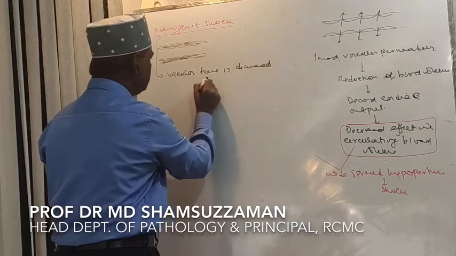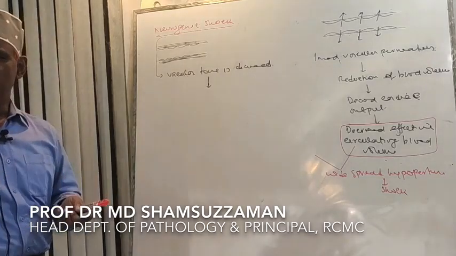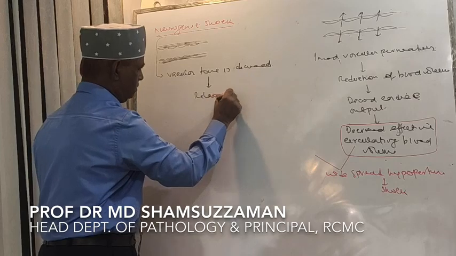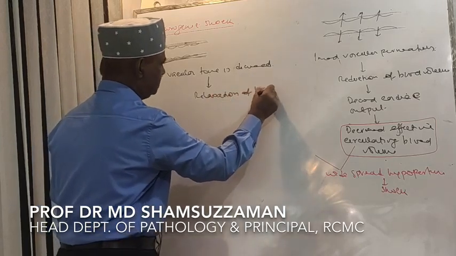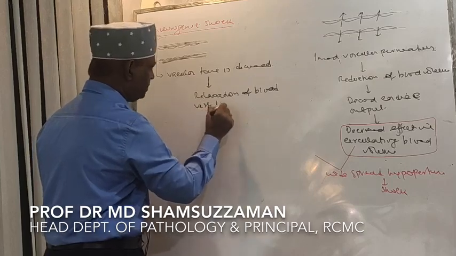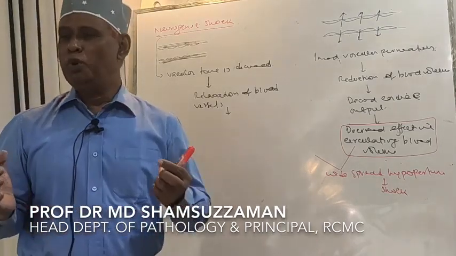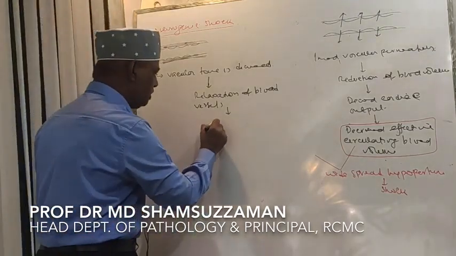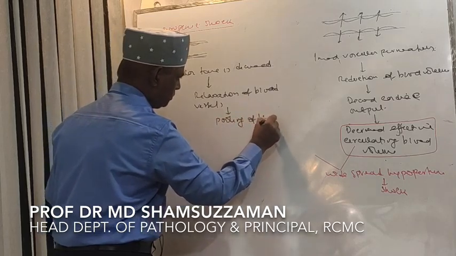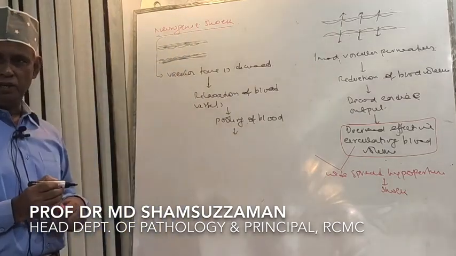As vascular tone is decreased in neurogenic shock, what will happen? There will be relaxation of blood vessels. As there is relaxation of blood vessels, there will be pooling of blood in the blood vessel. As pooling of blood, there will be decreased cardiac output.